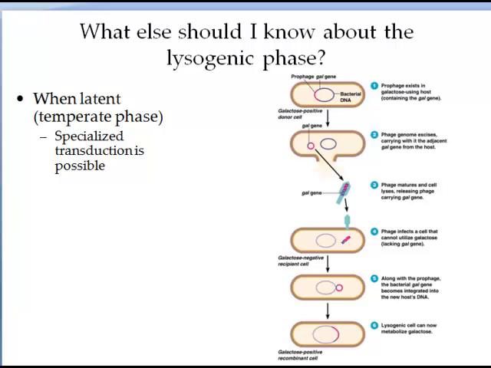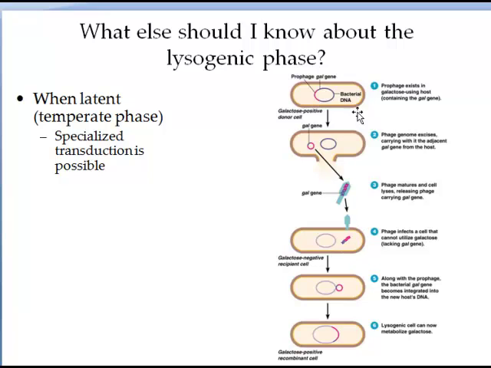Once the phage infects a new cell that cannot utilize galactose, lacking that gene, this cell is a galactose-negative recipient cell. Along with the prophage, the bacterial galactose gene becomes integrated into the new host cell, and now this cell can metabolize galactose. Earlier, the cell was not able to break down galactose.